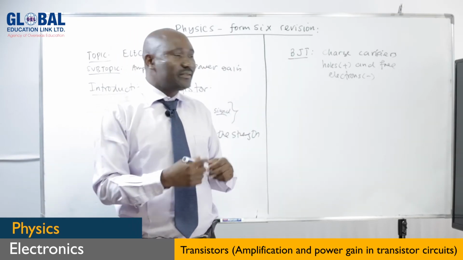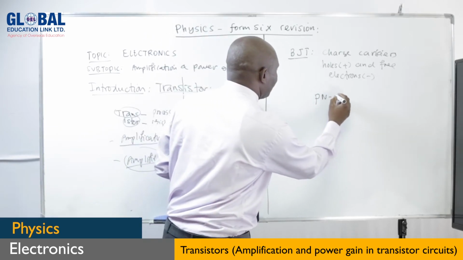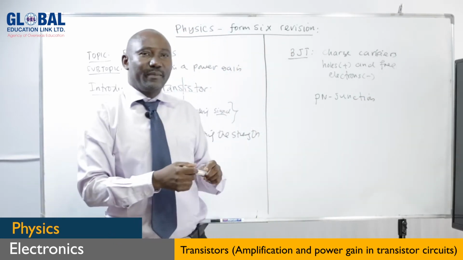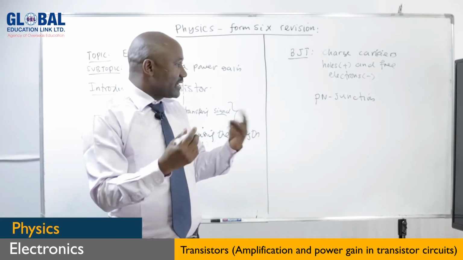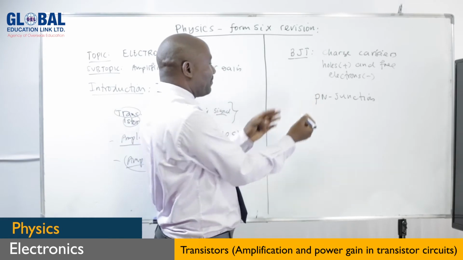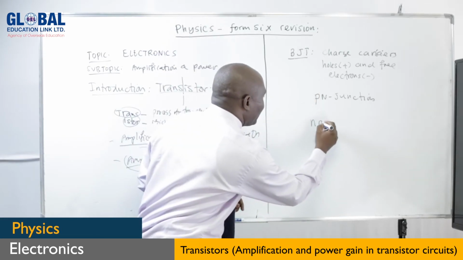This is made by, if you remember your PN junction, if a PN junction is doped, lightly doped, and you bring an N-doped region, you have NPN.